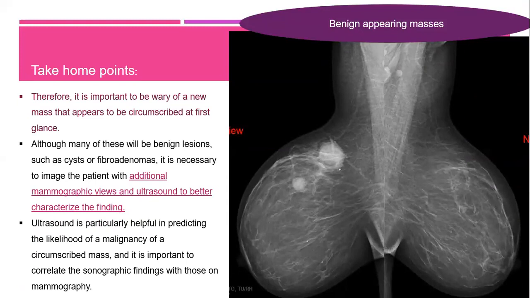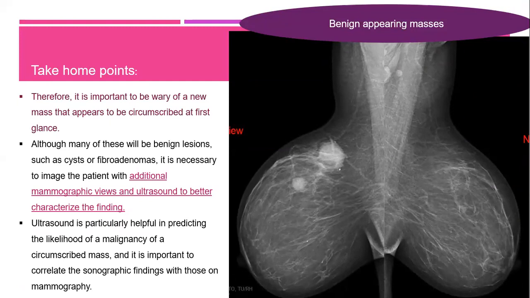So it is important to be wary of a new mass that appears circumscribed at first glance. It is new. If you remember the history, she is 44, and this is only for 2 months. You have to consider the history.